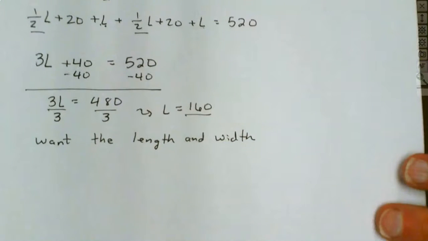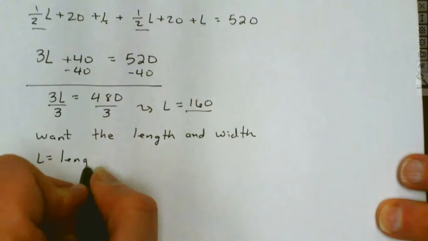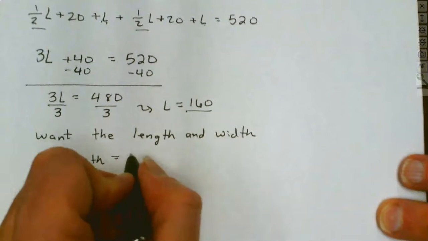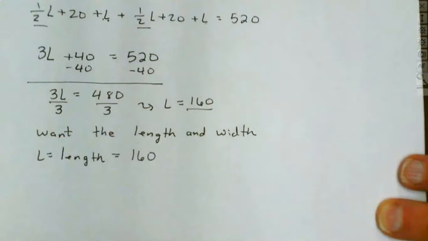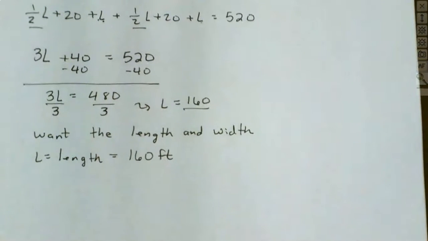Now our length is L, and we found L to be 160. Make sure we put our units of measure on, and in this case, our units of measure are in feet. So the length of that top floor is 160 feet.